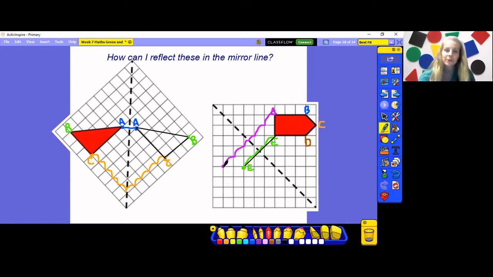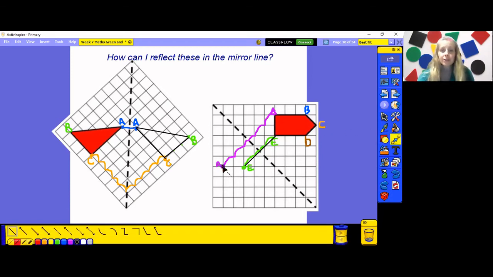I'm trying to not put too many lines on this so you can see, and that becomes my label for A. There we go. So now I've got my E to A line, and as before, it might be useful for you to be joining up those lines at that point so that you can just see this bit is reflected here, so you can start to see how the shape is building.